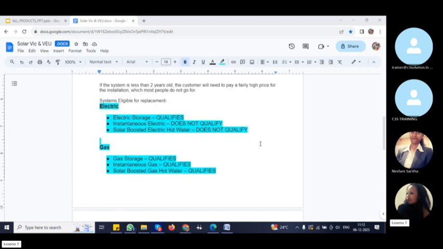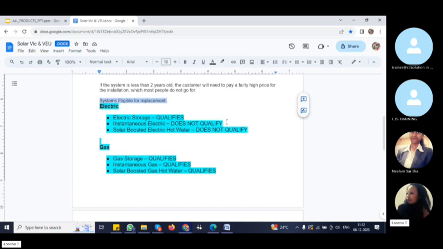So it says here, systems eligible for the replacement. Now, there are other qualifying questions which we have been discussing since morning, like the household income, the property value, or whether they own the property.